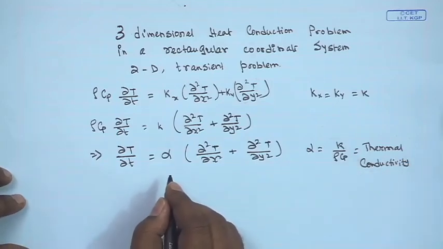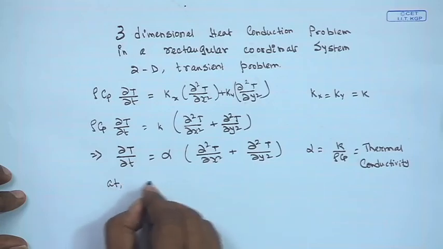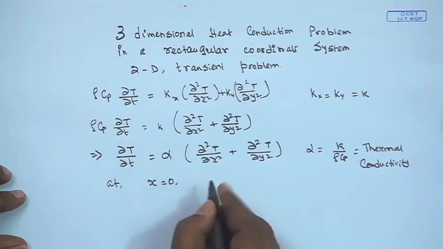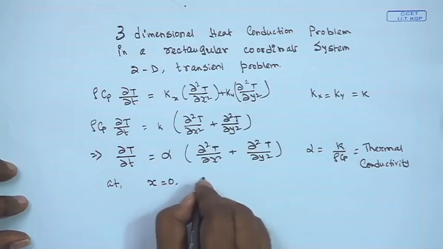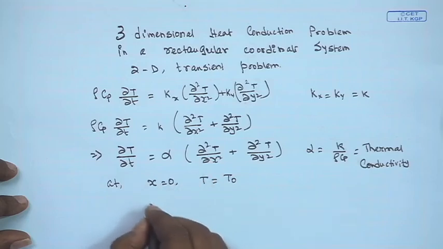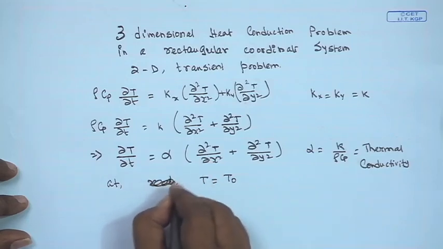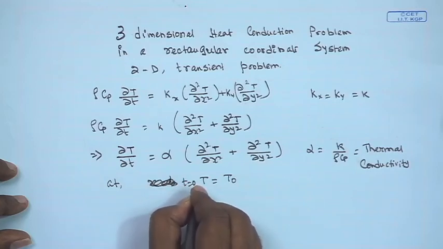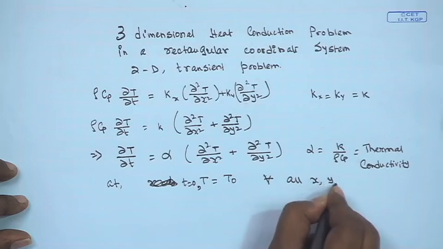Okay. Now, let us put the boundary conditions. Let us have the Dirichlet boundary conditions for all the directions. T is initially T0, that is at t equal to 0, T equals T0 for all x and y.